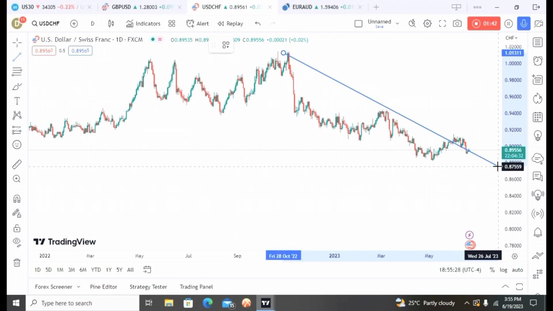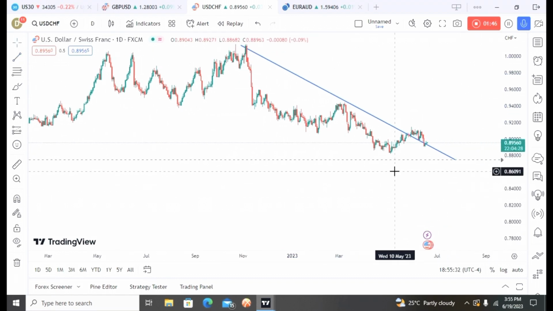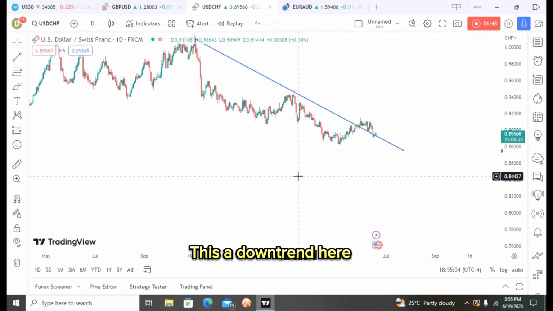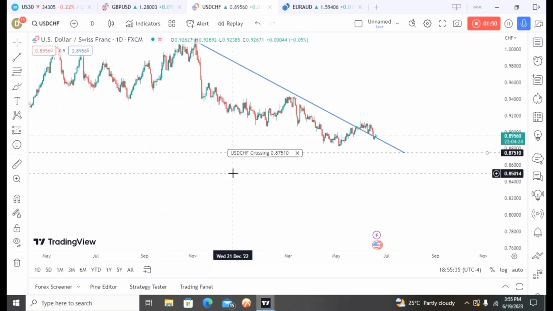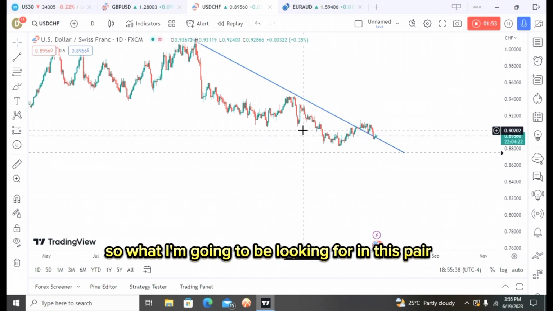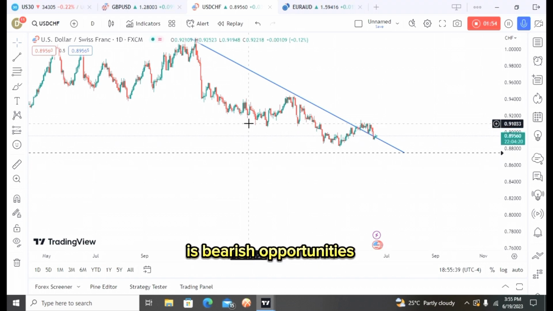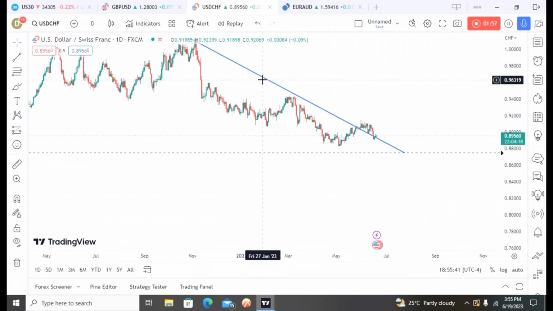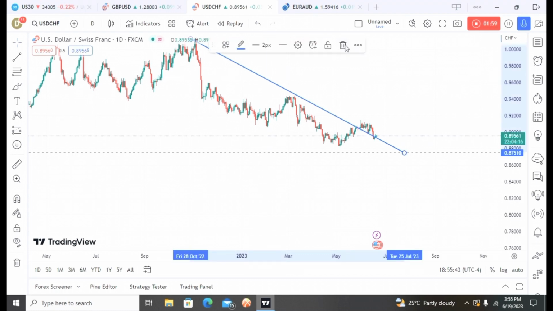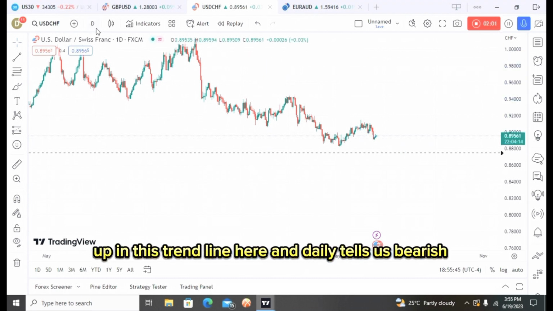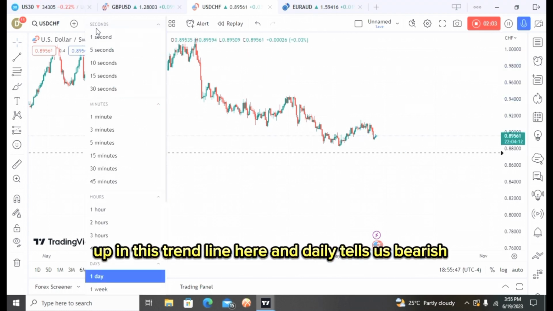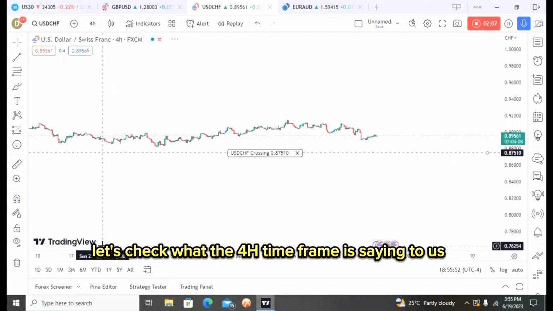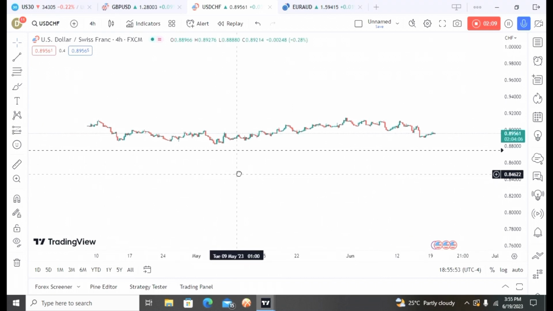So this is valid. This is a downtrend here. So what I'm going to be looking for on this pair is a bearish opportunity along this trend line here, and the daily is bearish. Let's check what the 4 hours time frame is saying to us.